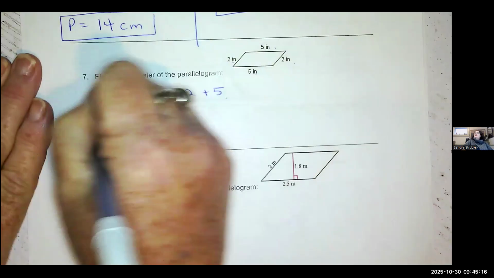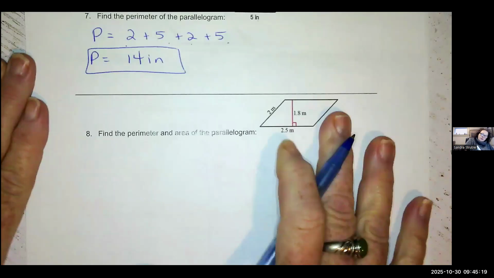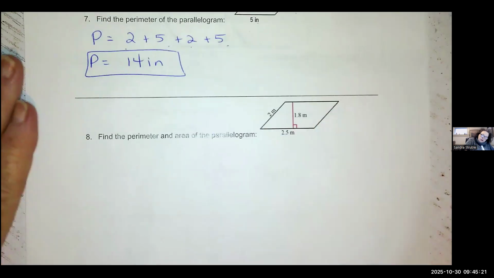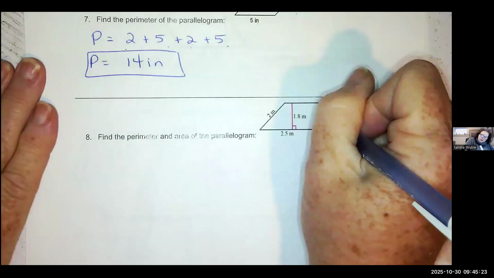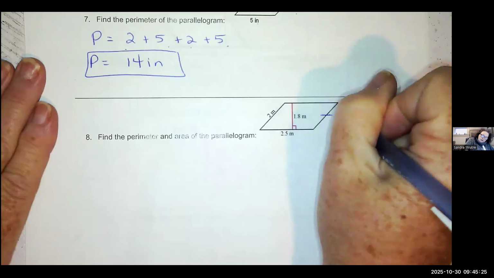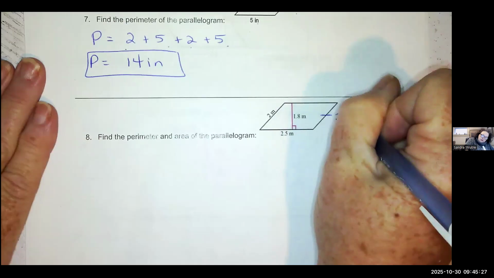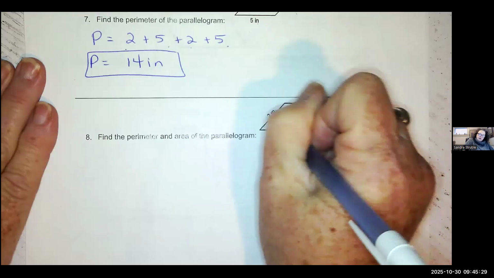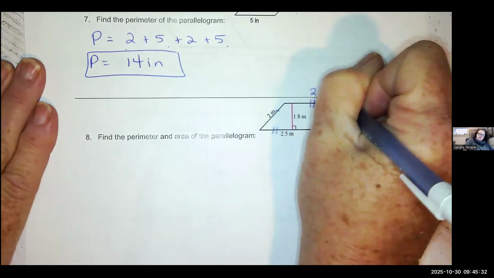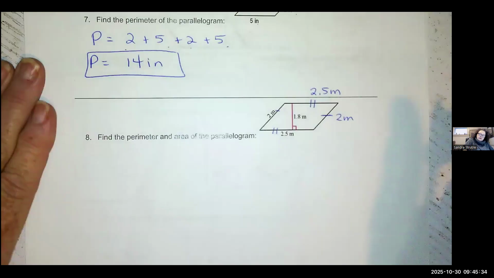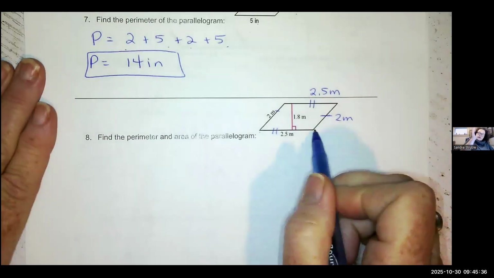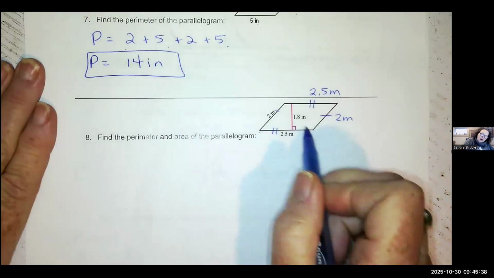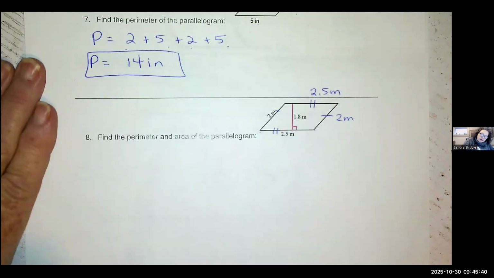The next one, I want you to find the perimeter and the area. Now remember, whatever's across from a side, parallel to it, is the same. These two are the same. Right? And then the way I look at this is your height is 1.8 here.